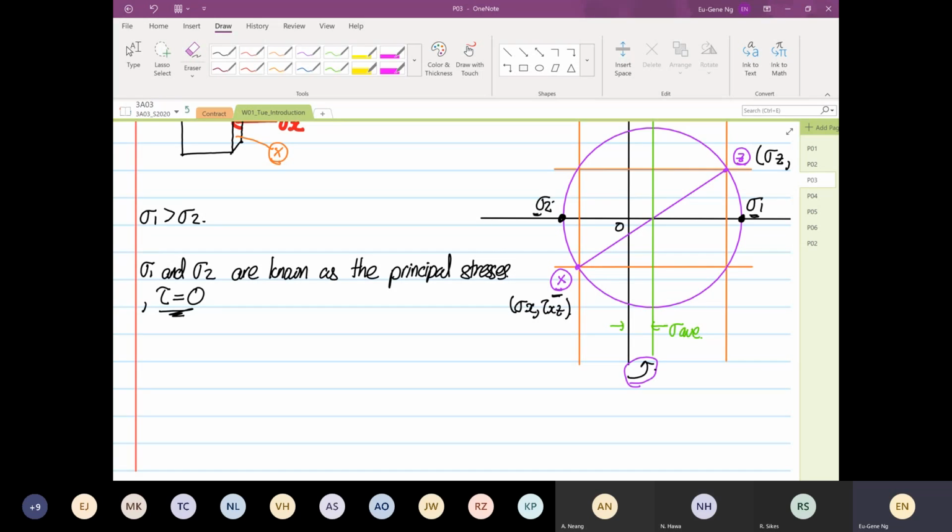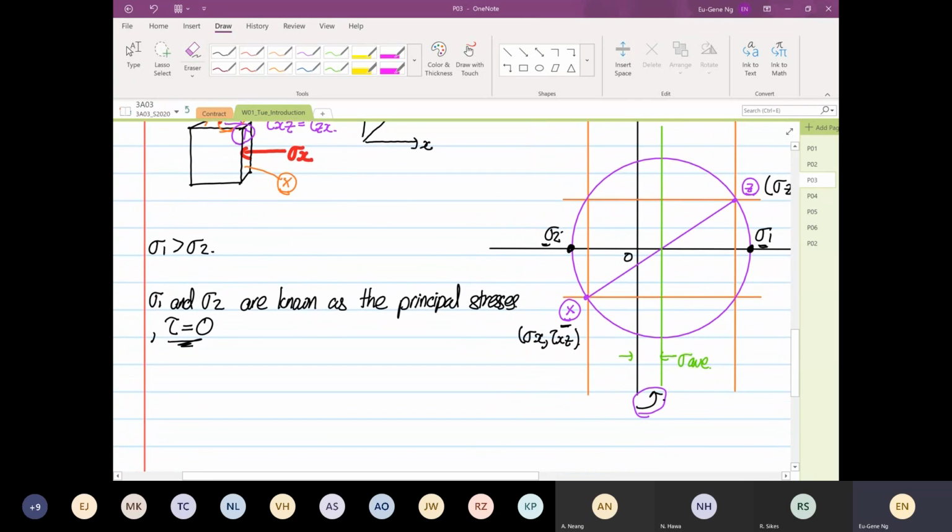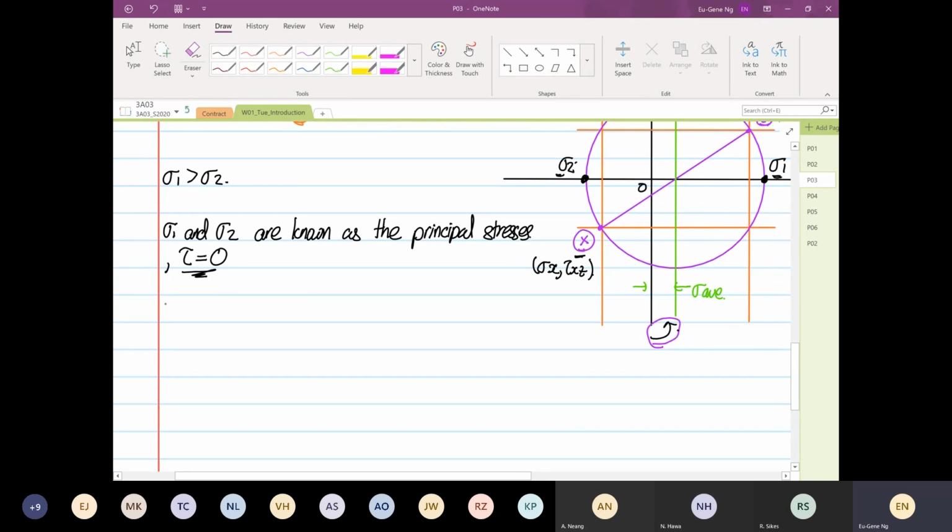Now if we go back to our test, this is how we calculate stress 1 and stress 2. The principal stresses' position is dependent on your stress X, stress Z, and your shear XZ.